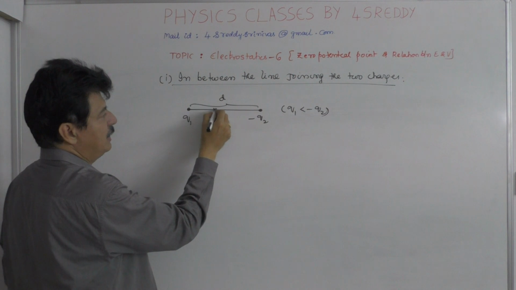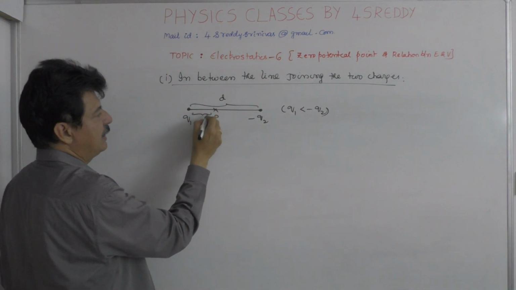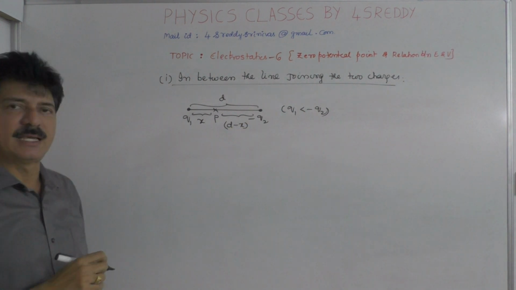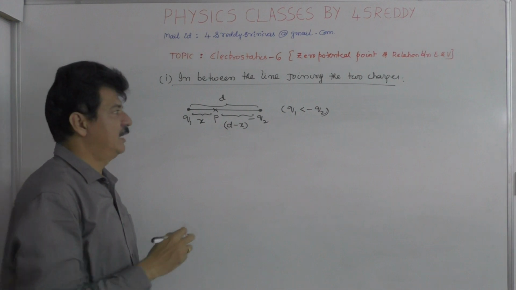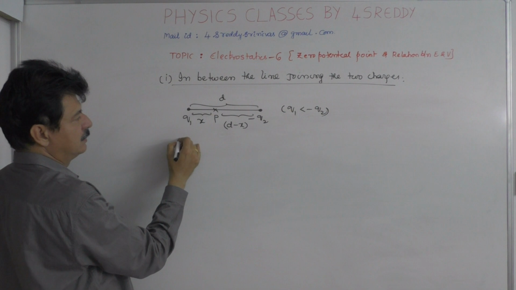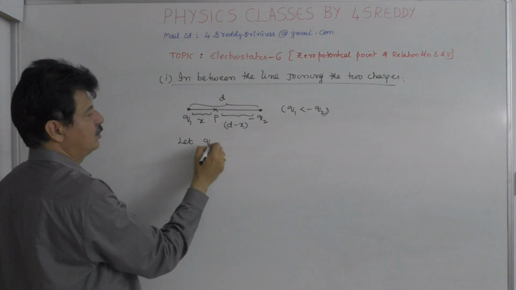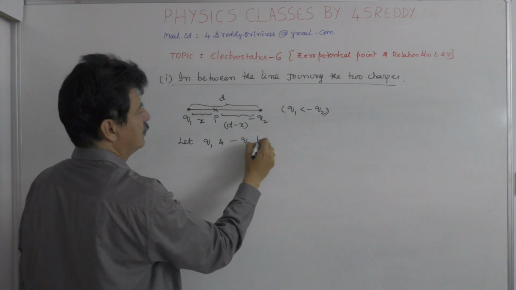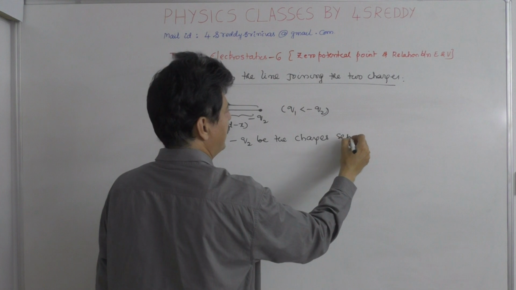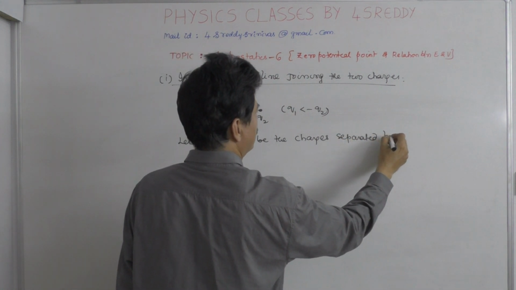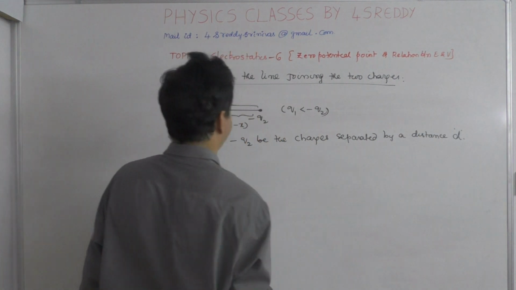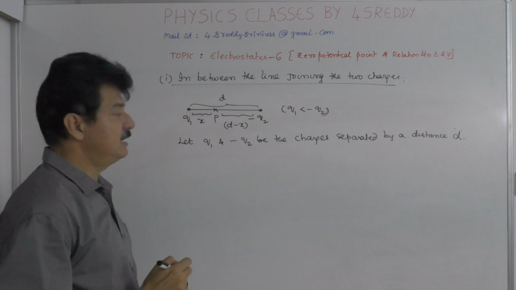Then the zero point exists at point P at a distance x from Q1, and then it is at a distance of d minus x from Q2. Therefore, let Q1 and minus Q2 be the charges separated by a distance d.